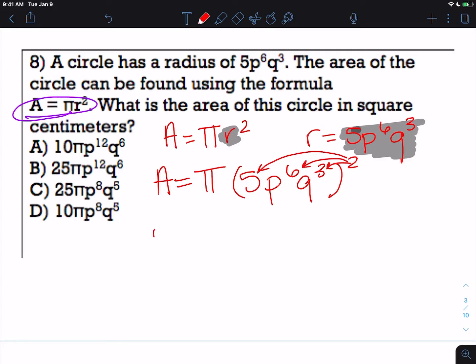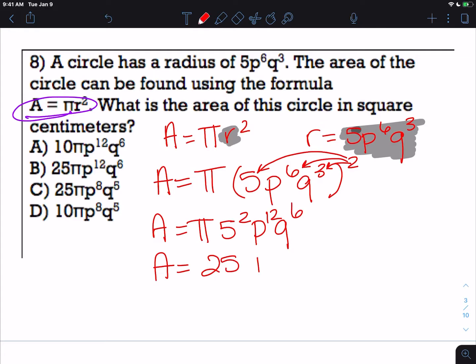I'll do it this way because it's easier. Pi 5 squared, p to the power of 12, q to the power of 6. I'm going to reduce that even further. And I have an answer.